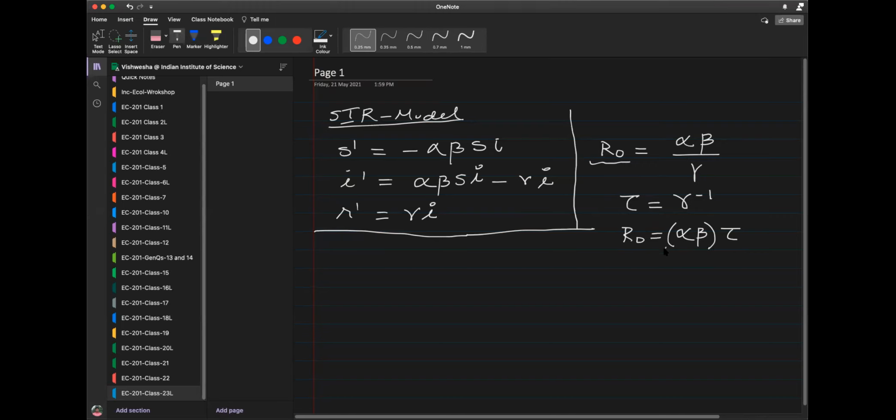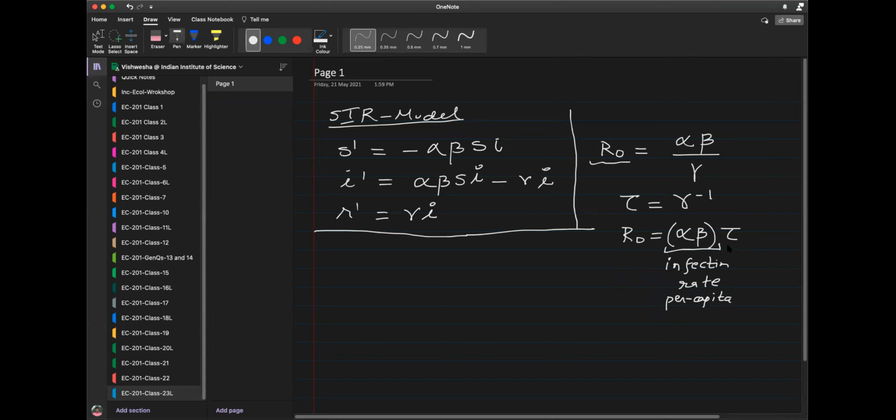What is alpha beta? It's the per capita infection rate, measured per individual, per every infected individual, right?